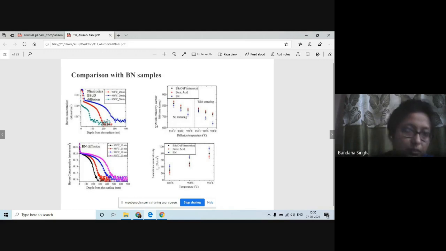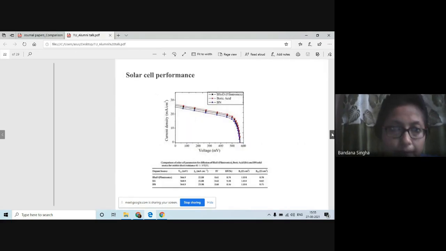And if we measure other parameters like bulk lifetime, we could see that the boron nitride diffused samples have the lowest bulk lifetime values compared to the other samples, and the highest saturation current density, even though we do not see a detectable boron-rich layer on the emitter surface.